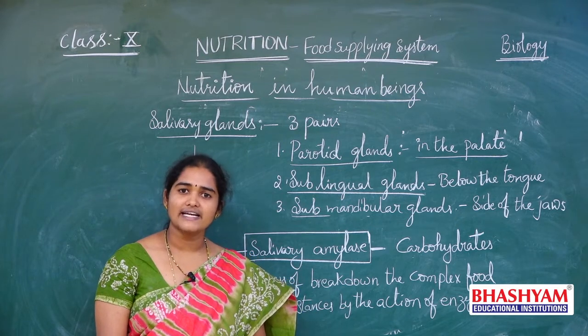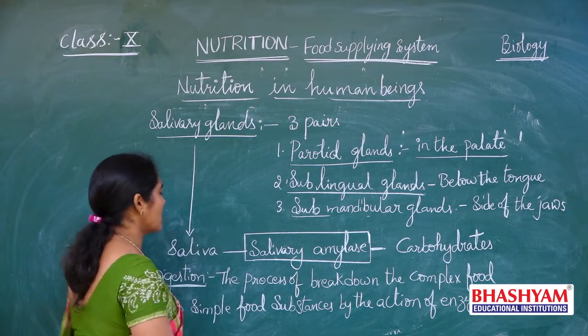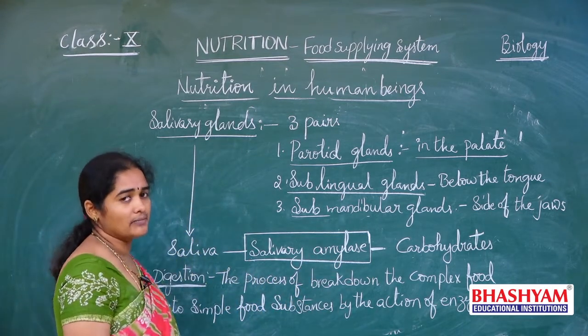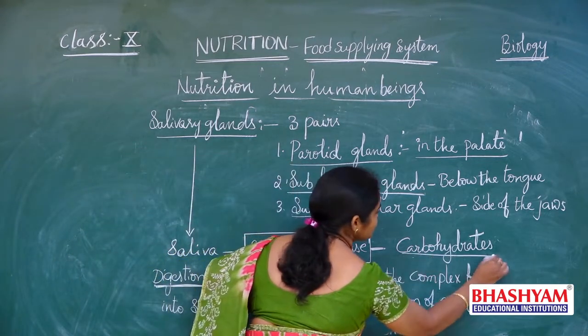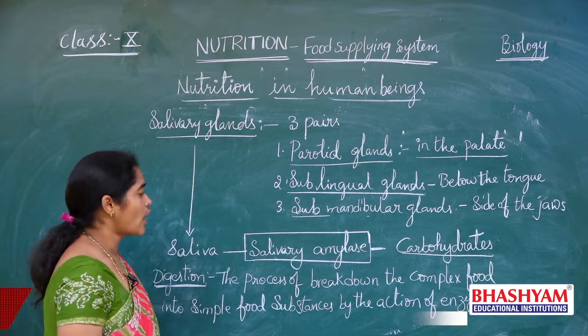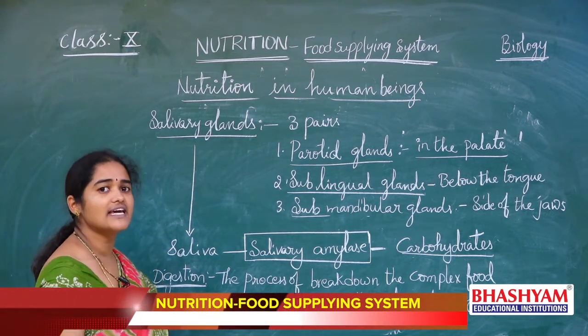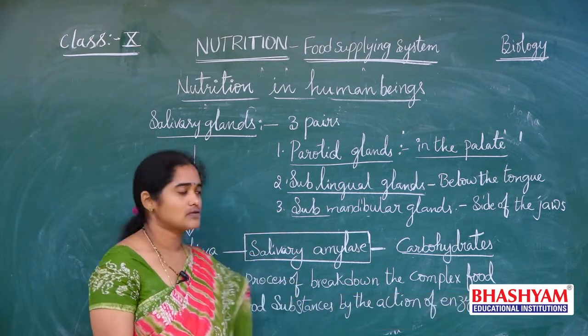This saliva gets mixed up with food material, and this saliva consists of an enzyme which helps in the breakdown of carbohydrates. That enzyme which is present in saliva is called salivary amylase. What is it?